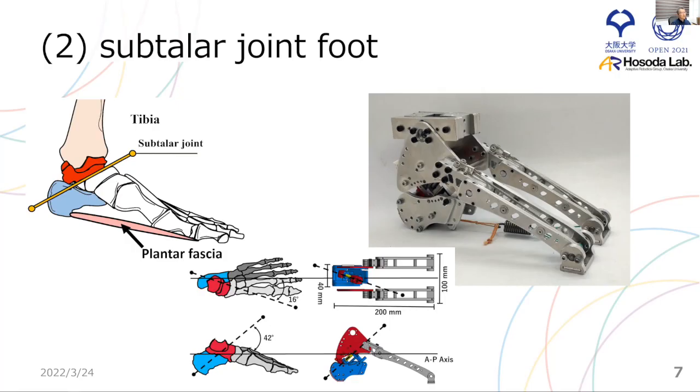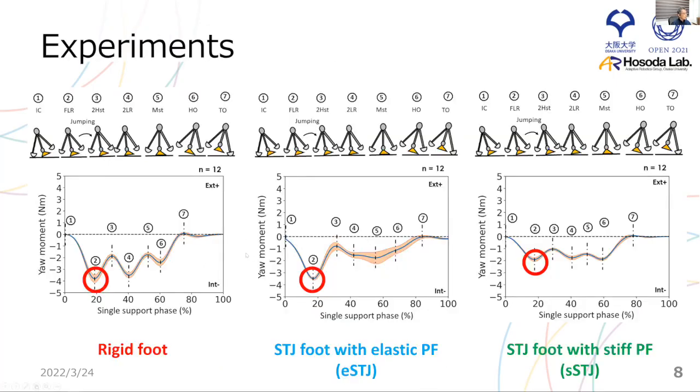It is supposed to generate a free moment to suppress the rotation movement of the torso. And this is the experimental result. The yaw moment is also suppressed by using the subtalar joint foot.